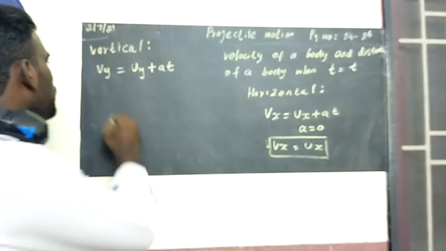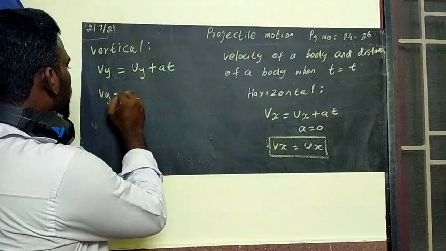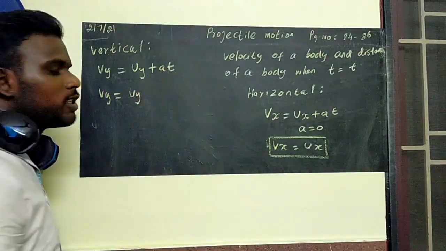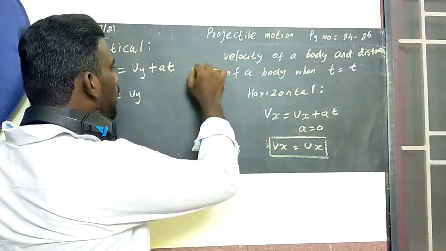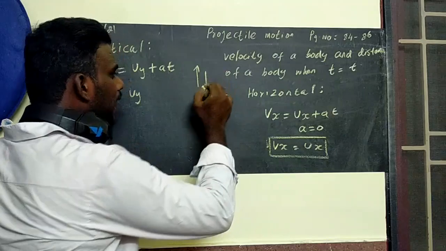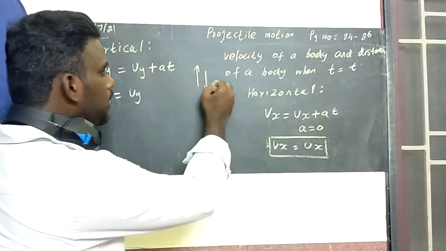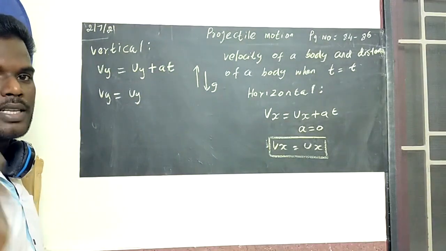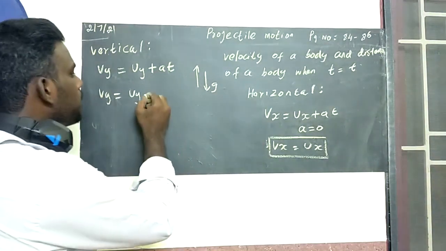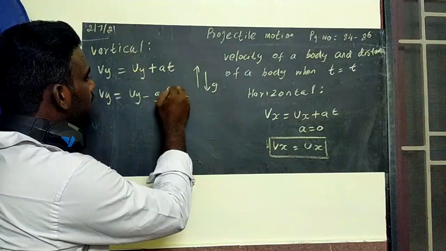Is that clear? What is my a? That's the acceleration. Here you can see that the body is moving in the upward direction, but gravity is acting in the downward direction. So in place of a we can put g, but that g is negative. So that is vy equal to uy minus gt.